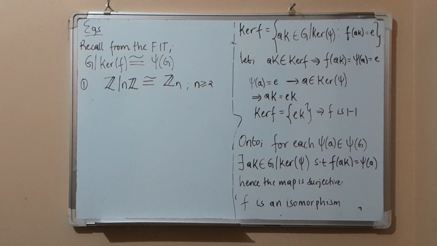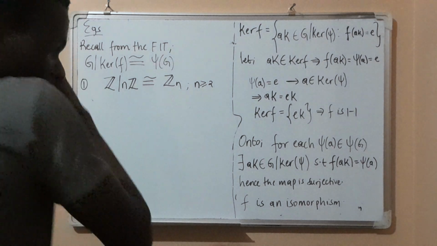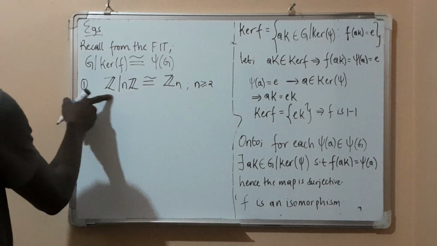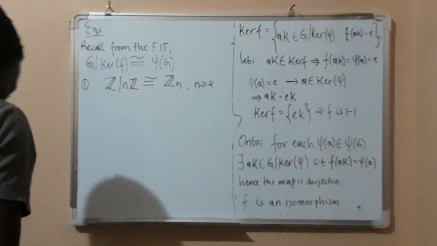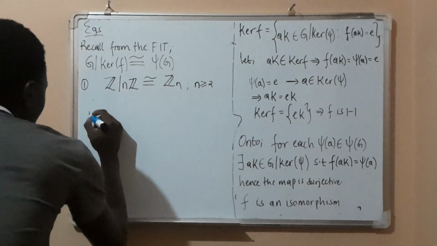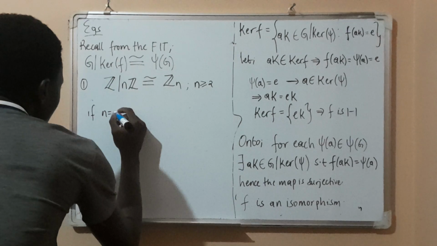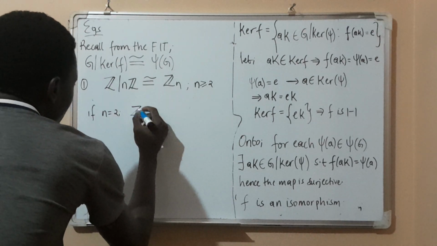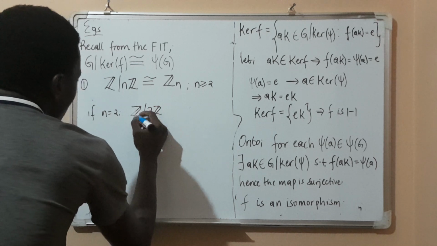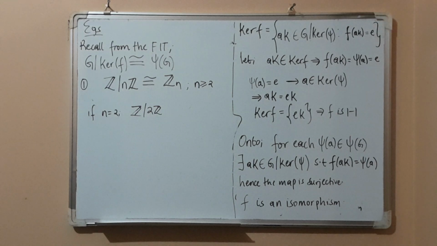For example, before I explain this, let us first recap how such groups are structured. For example, if n is equal to 2, I'll have this factor group here.